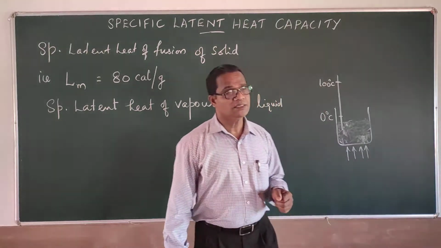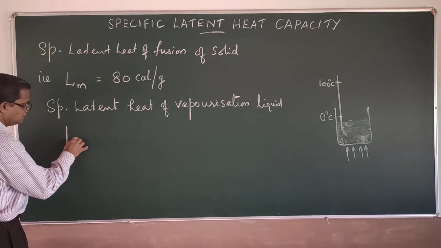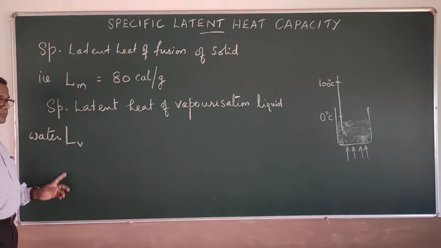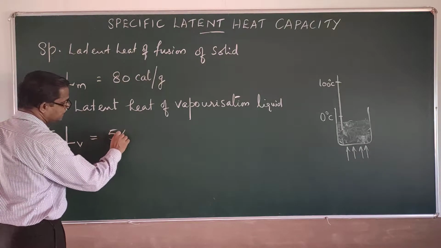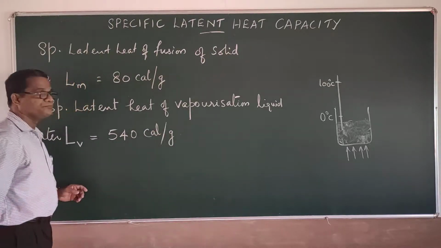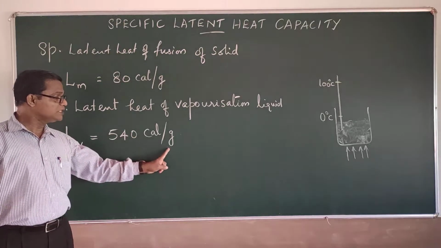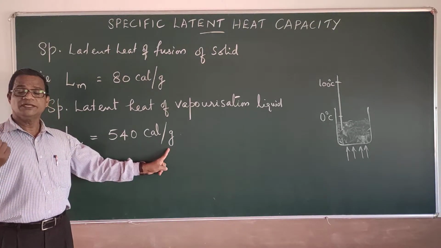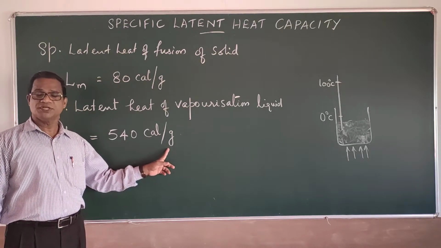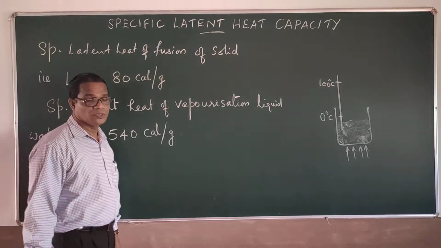If we calculate the specific latent heat of vaporization of water, you get L_v for water equal to 540 calorie per gram. What this means is that for 1 gram of water at 100 degrees Celsius to be converted completely into its vapor state, it requires 540 calorie of heat.